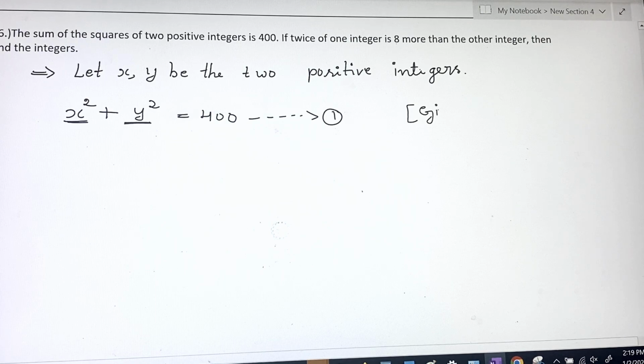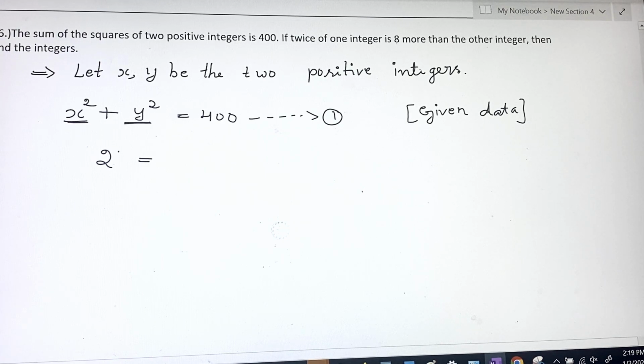This is from the given data. Okay, it's clear, first equation. Now what is the second equation they have given? If twice of one integer, twice means 2 times.